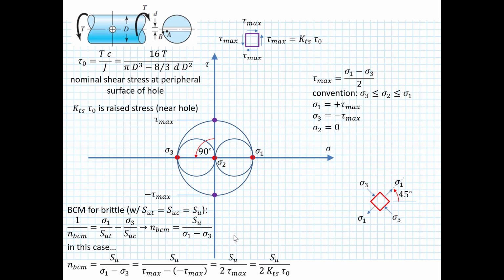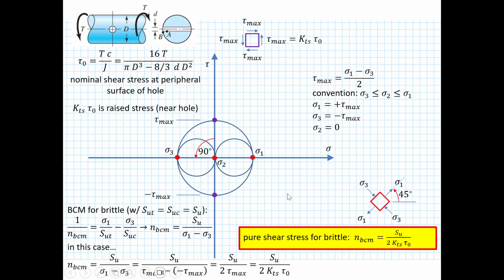And when we substitute KTS times tau naught for tau max, we end up with our answer: for the pure shear stress scenario for brittle material, according to brittle Coulomb-Mohr, the factor of safety is SU divided by 2 times KTS tau naught.